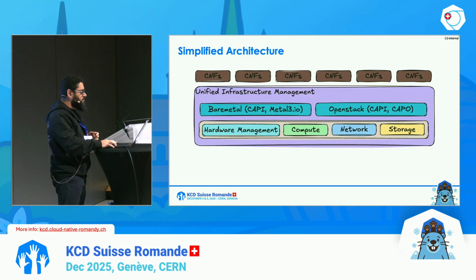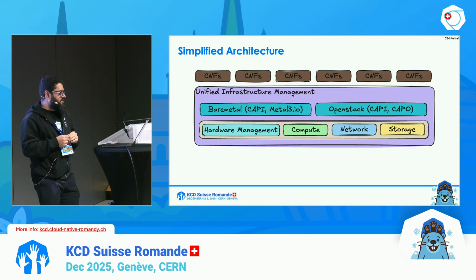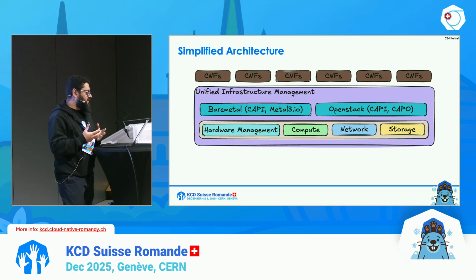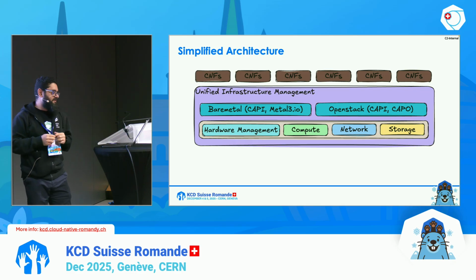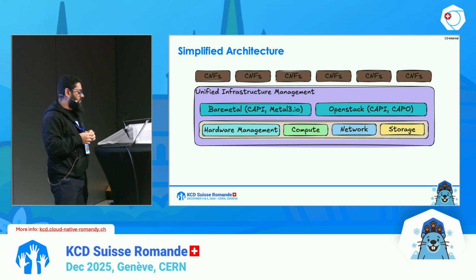So, bringing back the previous architecture, it simplifies the projects that we are putting into unified infrastructure management. The projects, as I mentioned, start with Cluster API, which orchestrates the lifecycle of the clusters, the control planes and the machines.